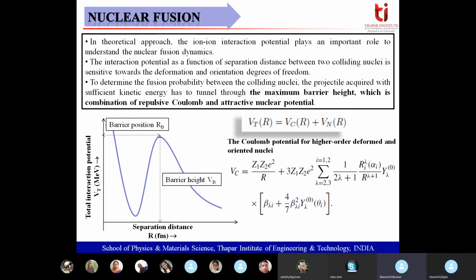As far as I know, you are taking the density from the SCUM model and you have folded those densities. No, your density is the two-parameter Fermi model. So you are calculating VN after folding, taking the density of the projectile and target. Then you have calculated the value of VN. Yes, right.